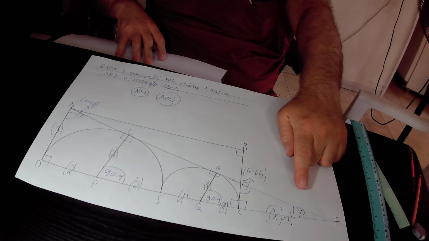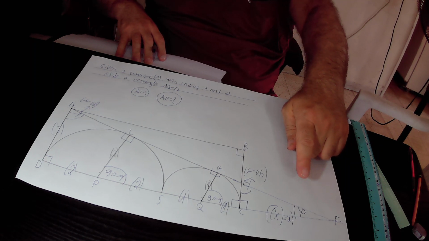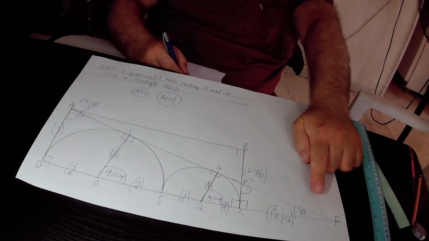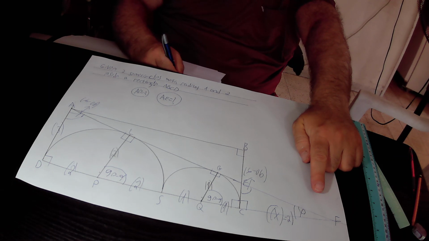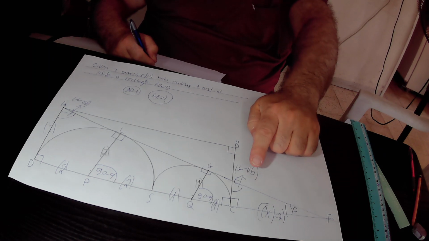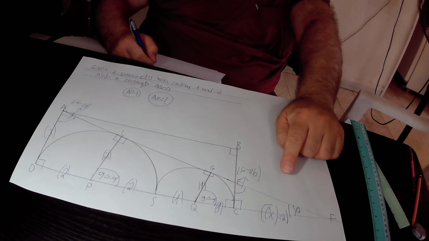So if we relate to this angle alpha, since it belongs to the big right triangle ADF, it will be defined as angle AFD. And angle alpha equals itself. If we relate to this angle alpha, since it belongs to the small right triangle CEF, it will be defined as angle EFC.